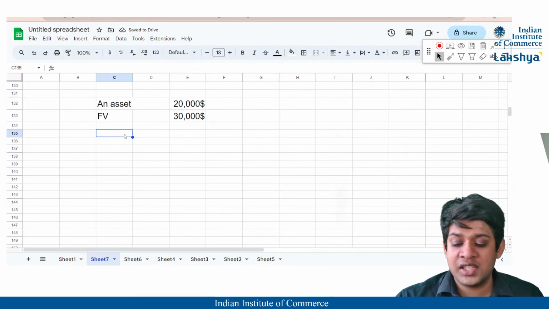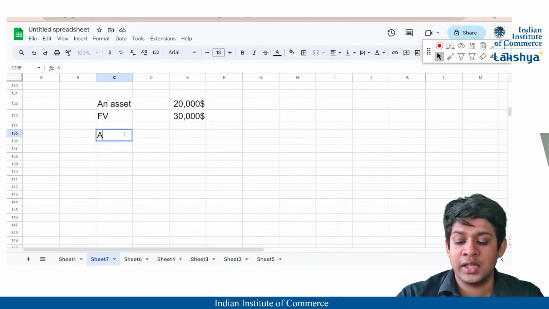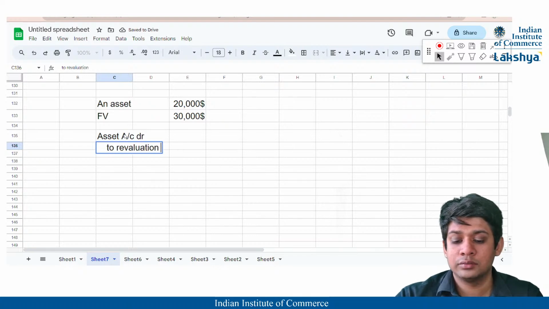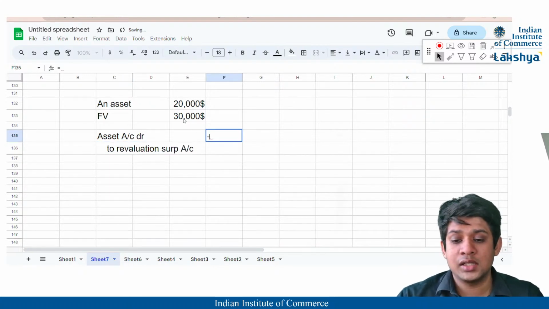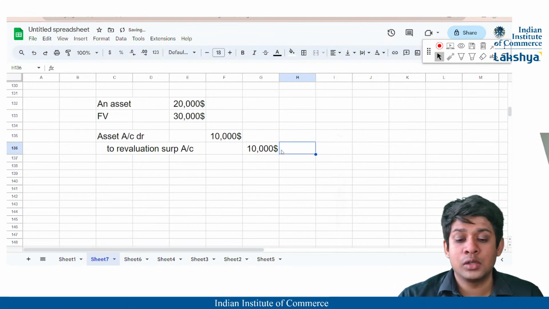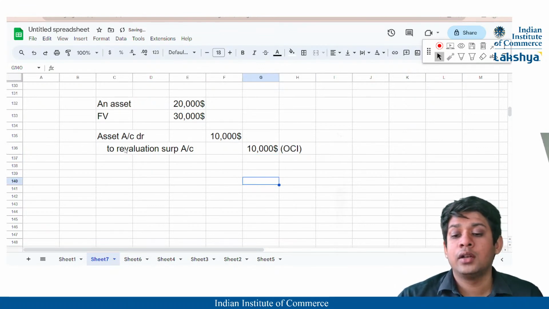So as per the revaluation model, the journal entry that I would pass is asset account debit to revaluation surplus account. That is, my asset value is increased from 20,000 to 30,000. So I will state it here. Okay, this will go to my OCI. Right, so this journal entry I'll pass.